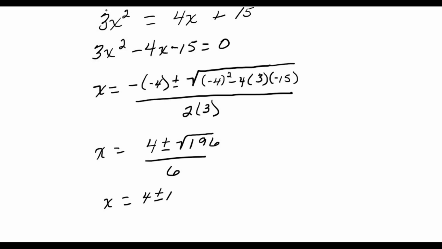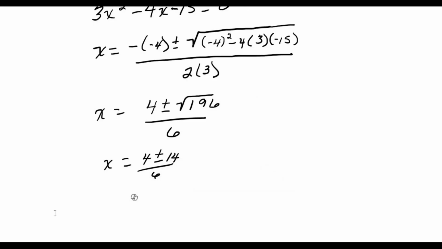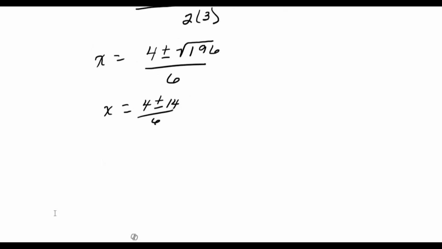14 divided by 6. So you're going to have 2 rational solutions. Because my square roots went away, I can tell that I have 2 numbers that are just ratios of integers.